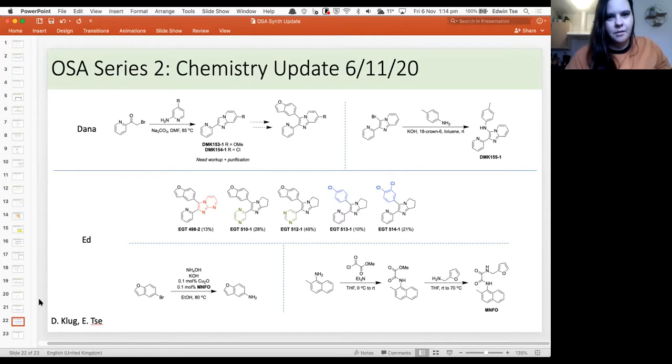So I've set those up. I need to deal with them when I come back. And then Ed suggested looking at the OSM SNAR protocol to put the amine linkers onto this bromine core that we already have. So I've set that up too. If that doesn't work, there are several things I can try, maybe a Buchwald or something like that.